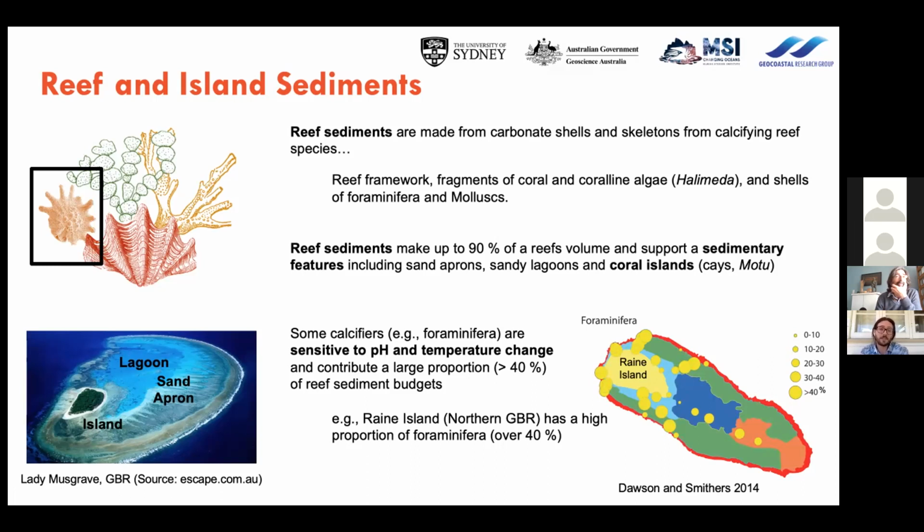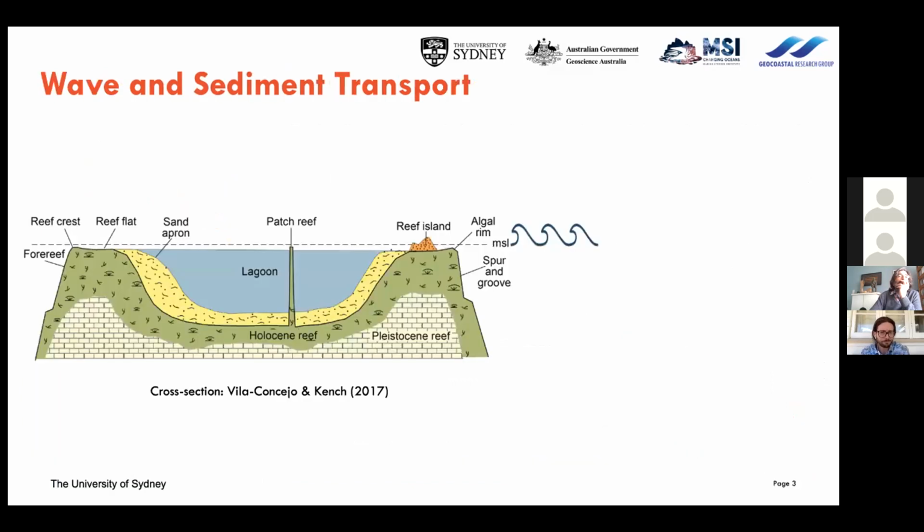If they're really susceptible to pH or temperature change, what's going to happen if we lose that kind of species? Are we going to lose a considerable amount of sediment budget in these environments? The take-home from this slide is that the biological contributions to sediment are unknown at a lot of locations because they are so remote.